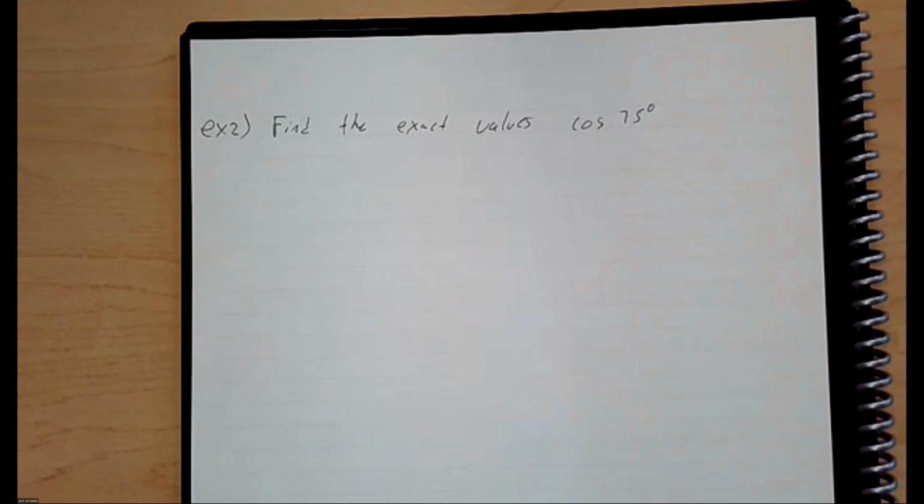Okay. So there is no cosine 75 on the circle, right? But you can break the 75 into angles that are on the circle. Can you choose 2 of them that add up to 75? Yeah, so you can use 45 and 30 instead, and then apply the formula.